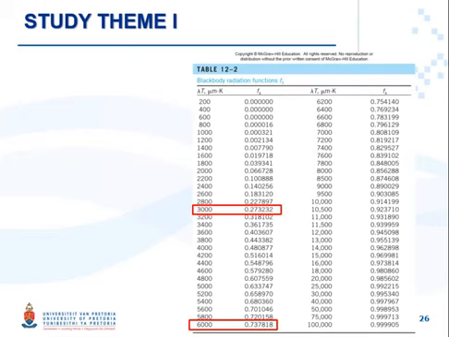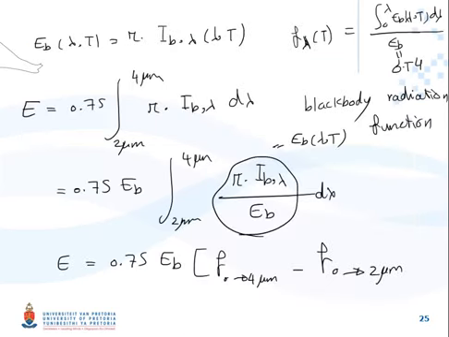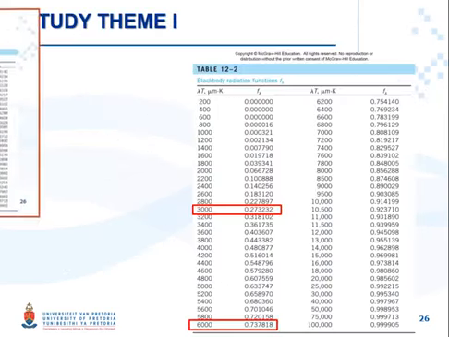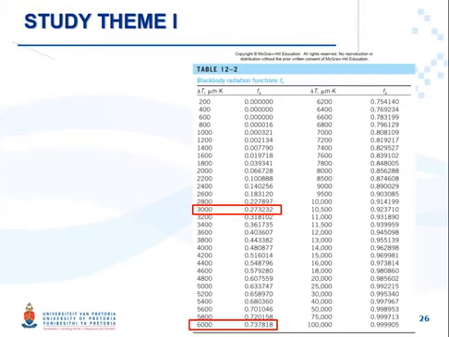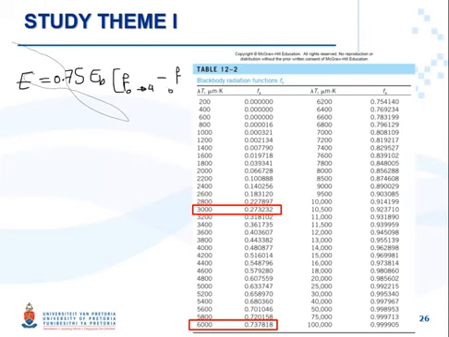So let me first write here the E. So E was, E is equal to 0.75 EB, F 0 to 4 minus F 0 to 2 micrometer. Okay, 2 and 4.